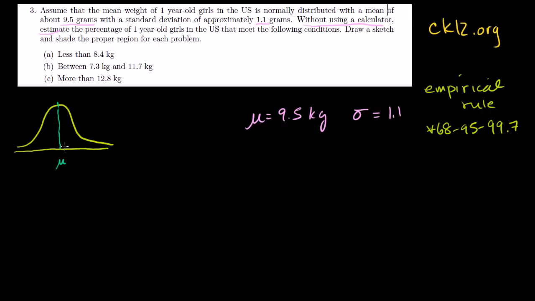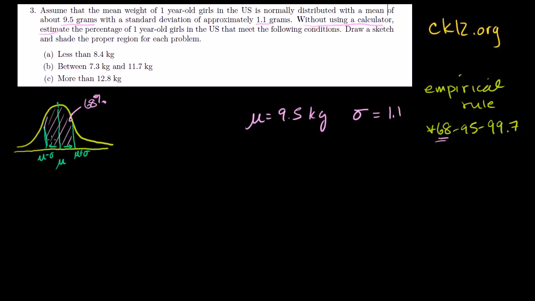If we go one standard deviation above the mean and one standard deviation below the mean, this is our mean plus one standard deviation, and this is our mean minus one standard deviation. The probability of finding a result, in a perfect normal distribution, between one standard deviation below the mean and one standard deviation above the mean, that would be this area. And it would be, you could guess, 68%.